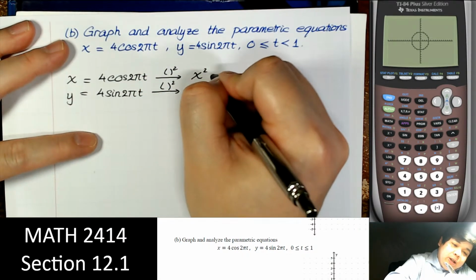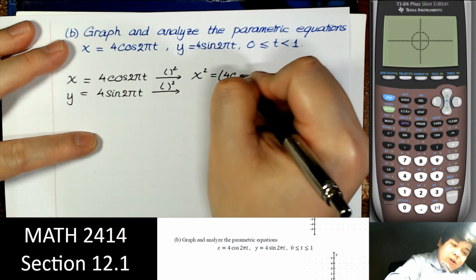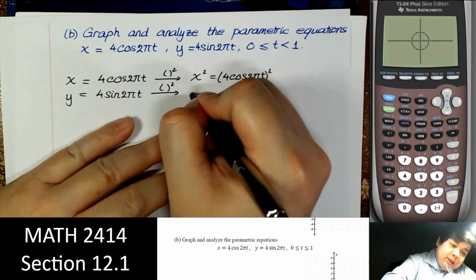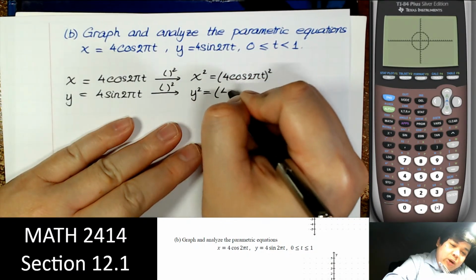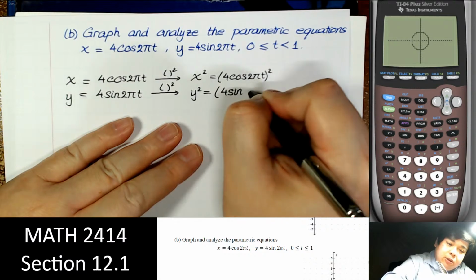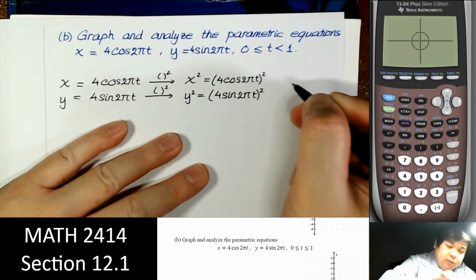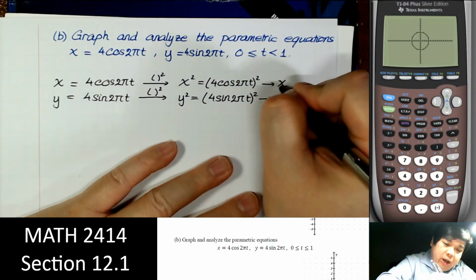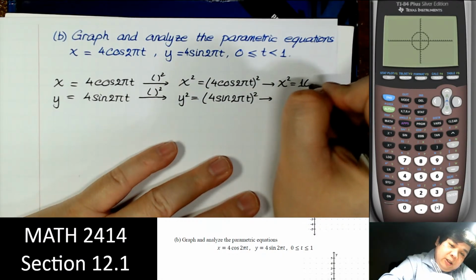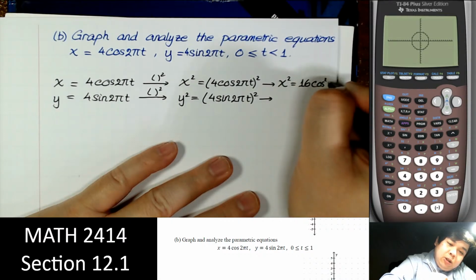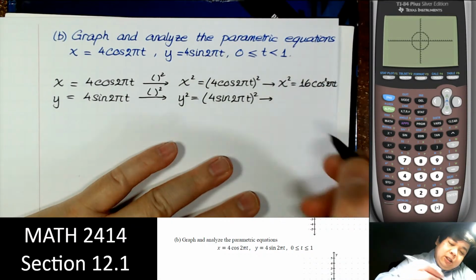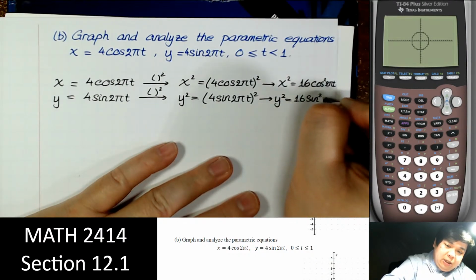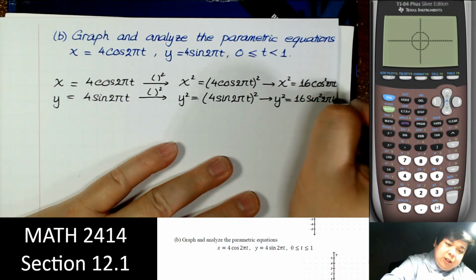So we have x squared equal to 4 cosine of 2 pi t squared, y squared. So we do that, we have x squared equal to 16 cosine squared 2 pi t, and y squared equal to 16 sine squared 2 pi t.